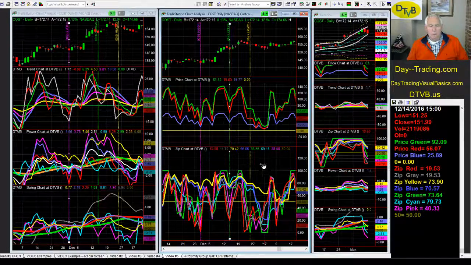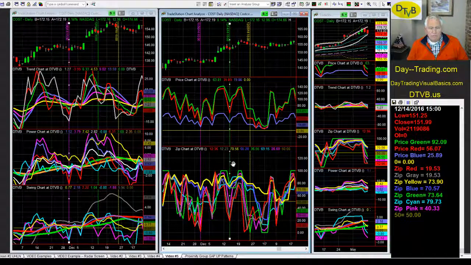They're equal, so the tendency is to think that, yes, the next day it's going to go up. We also are in a red spike, which is zip red under 50 and zip yellow above 50, both of them going down. I'll just point this out because it throws a little mixture into the thing.